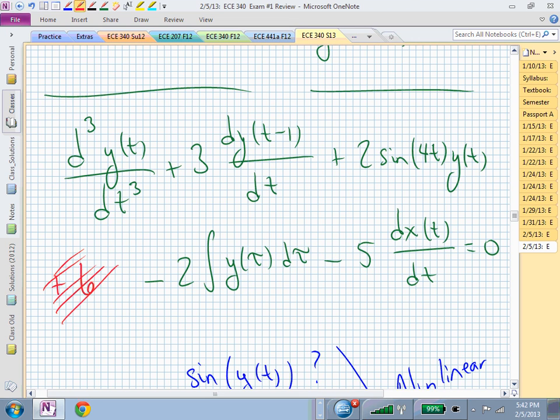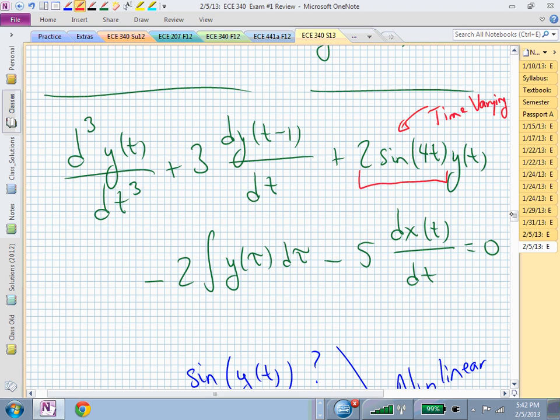So is this time invariant or time varying? What makes it time varying? This coefficient right there makes it time varying. So this piece gives us the time varying piece. So it's linear, time varying.